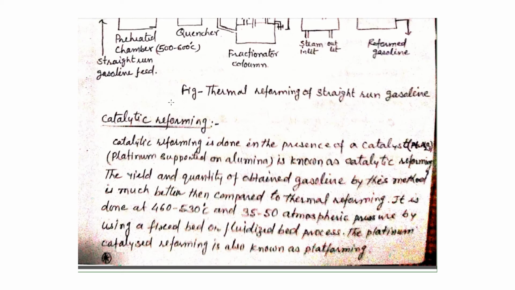Another reforming method is catalytic reforming. Catalytic reforming is done in the presence of a catalyst, a platinum and aluminum oxide mixture.